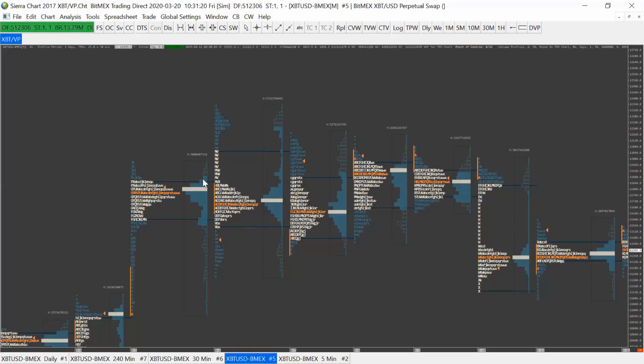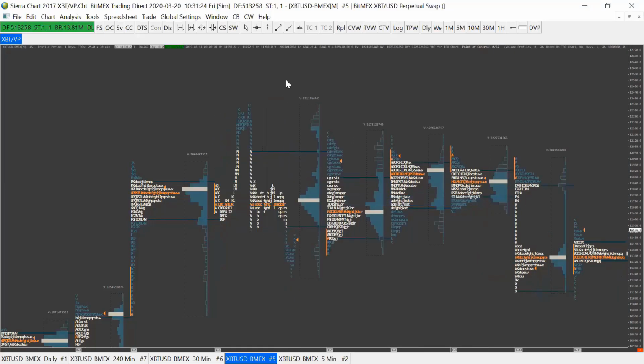So if I mark out the previous day's value area high, when price moves out of the previous day's value area and then comes back into it here, you can short it with a stop above the previous day's high, targeting the other side of the previous day's value area low.